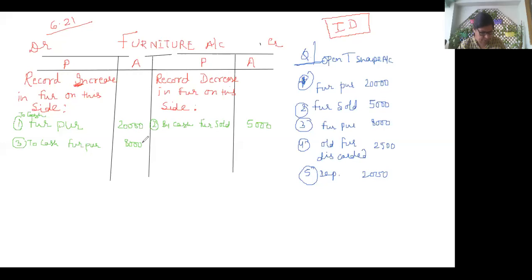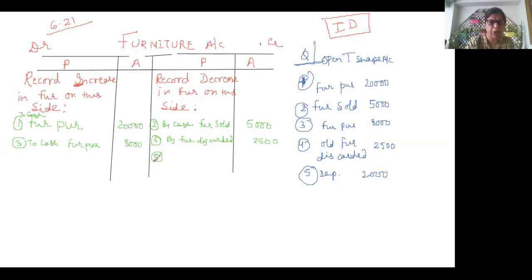Then next, the fourth transaction. Furniture discarded means nothing is realized, but the value of furniture goes down. So you can write this way, by furniture discarded. Discarded means maybe rejected, 2,500. Then fifth, one by one I am explaining you.